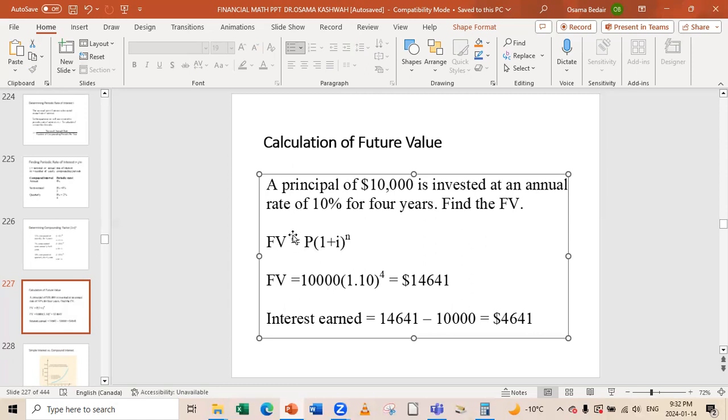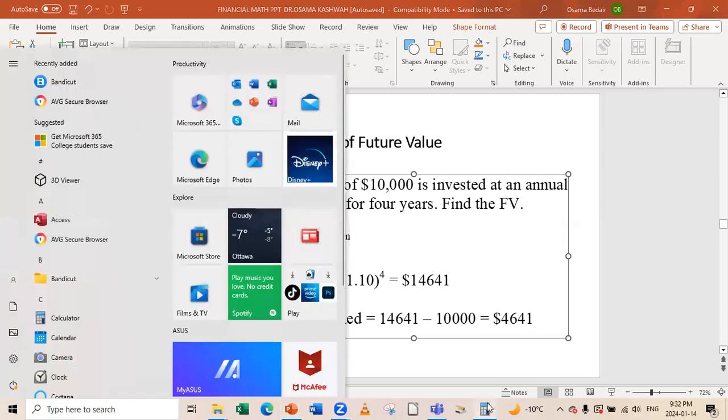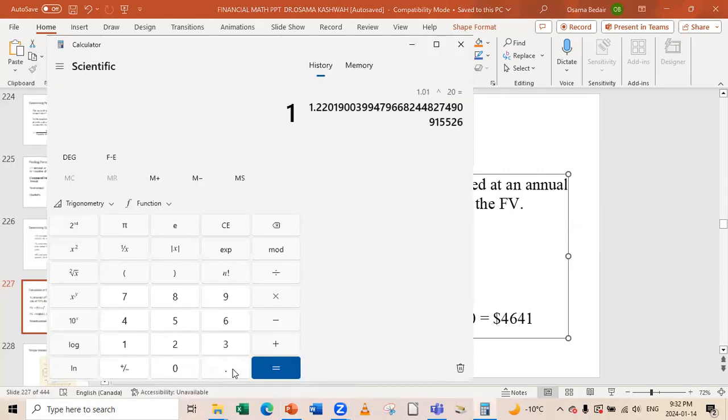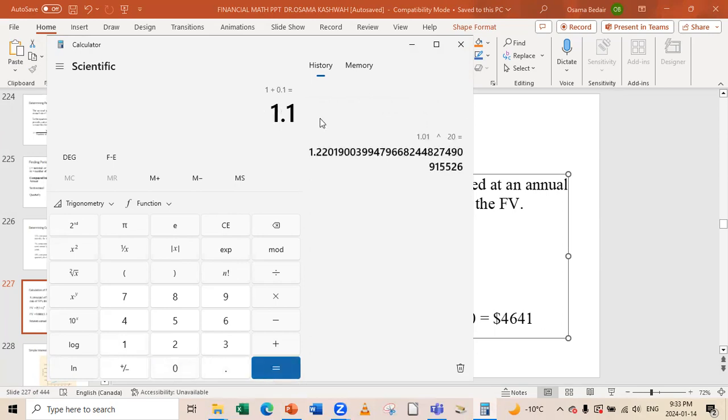So here we say like this, the origin was 10,000, multiplied by 1 plus 10%. This 1 plus 10% gives me 1.1. Let me show you how we do it. 1 plus 0.10 will equal 1.1.